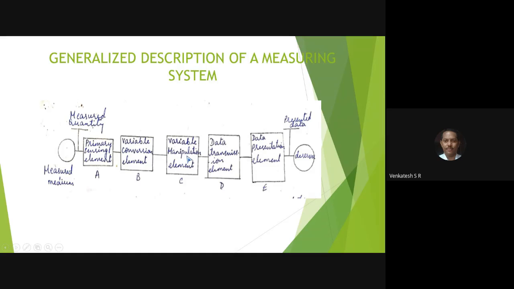Word: variable manipulation. Suppose you need only the speed, the rotation of the motor shaft or the turbine shaft; only the rotation is required, other things are not required. So only the rotation of the shaft is manipulated, that is in RPM, which is fed to the auto transmission element.